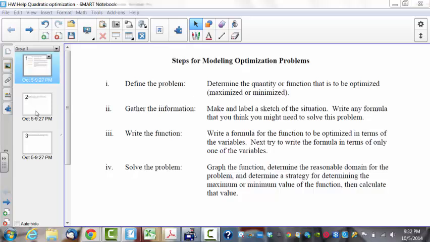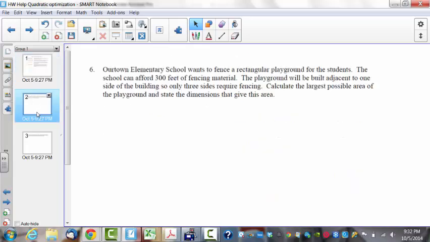Let's go on to one of the questions, which is number 6. Our town elementary school wants to fence a rectangular playground for the students. The school can afford 300 feet of fencing material. The playground will be built adjacent to one of the sides of the building, so only 3 sides require fencing.